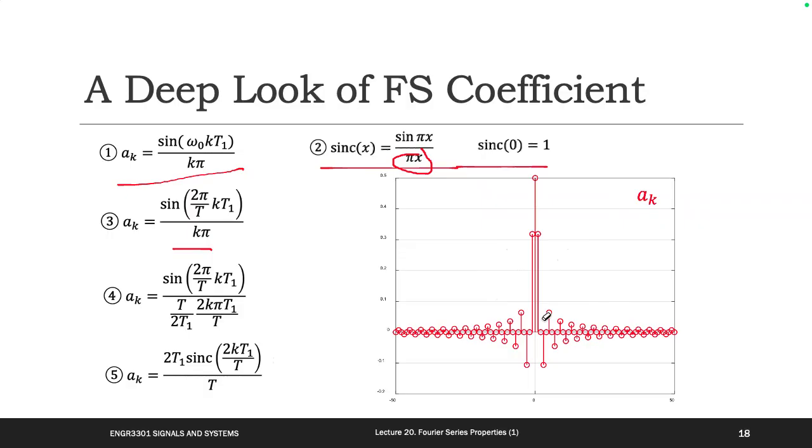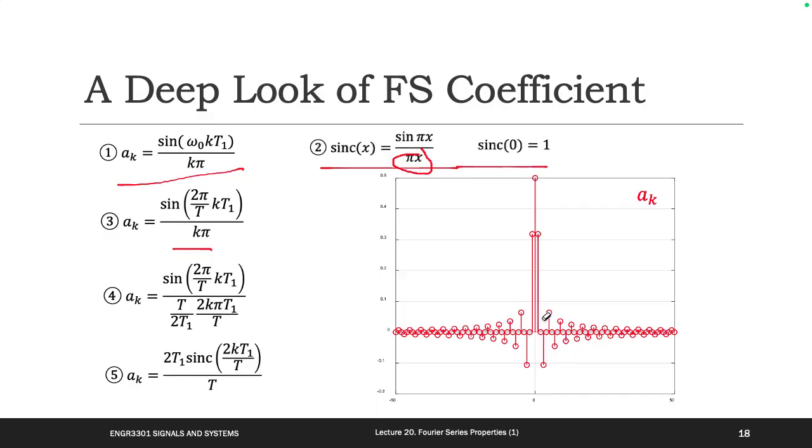Which means for a_k, this is 0 where k is 0, and k is 1, -1, 2, -2, 3, -3. Am I right? What does that mean? Which means a_0 is the biggest value, and then a_1, a_-1, am I right? And then a_2, a_-2, am I right? What does that mean?